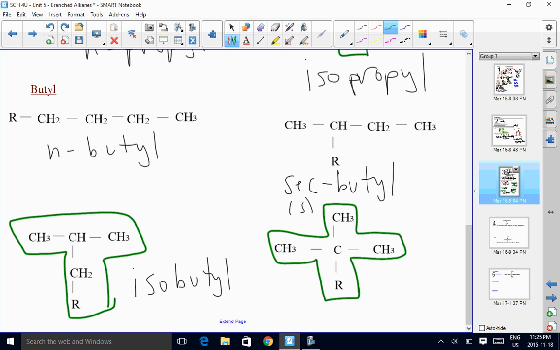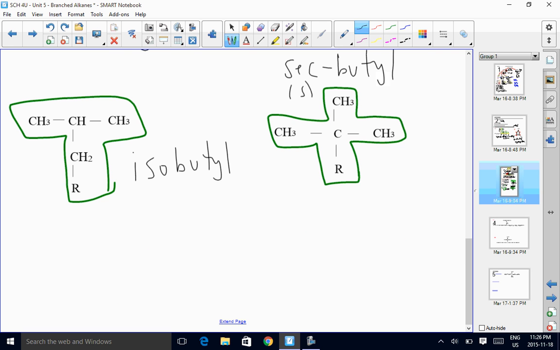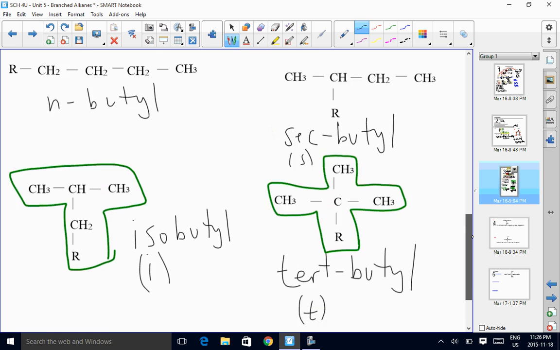That's called tert or tertiary butyl. It's called tert-butyl. Sometimes it's known as T-butyl. And sometimes this is known as I-butyl. Or you could say isobutyl.